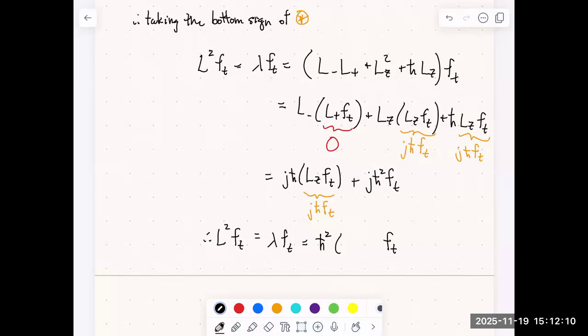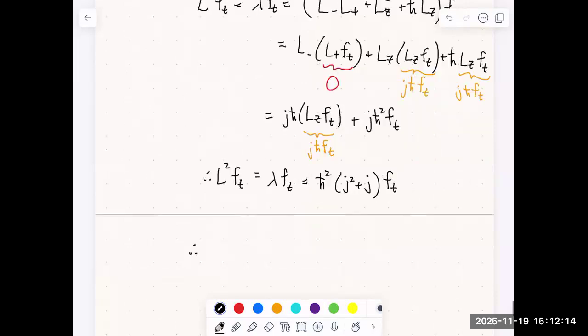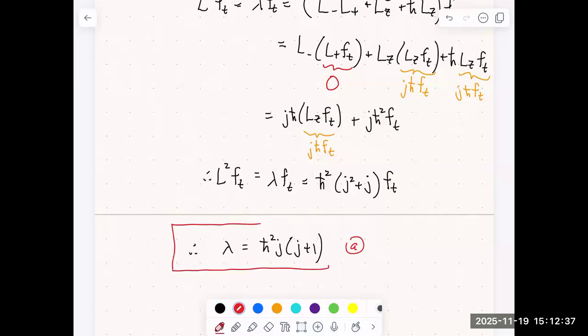We have J squared plus J. Usually the way people write this is lambda has to be equal to H bar squared, and I can factor out a J, so it's H bar squared J plus 1. I'm going to call this equation A. And this is a nice place to stop.